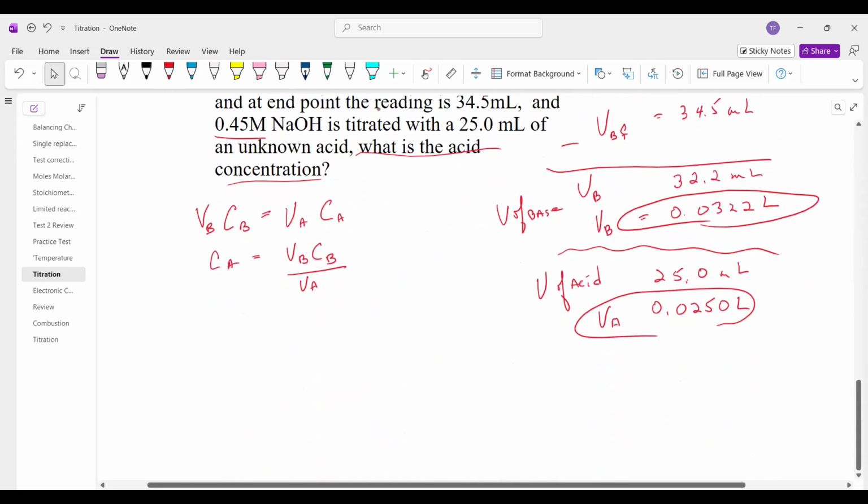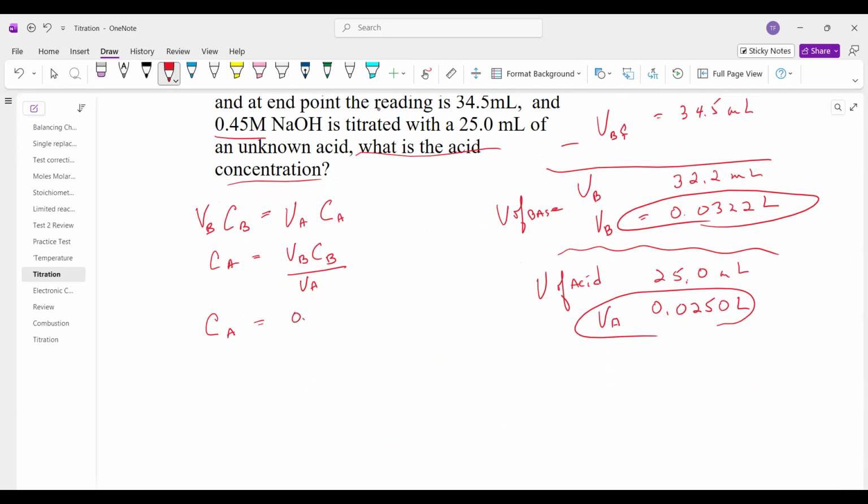The concentration of our acid is equal to the volume of the base times the concentration of the base, divided by the volume of the acid.